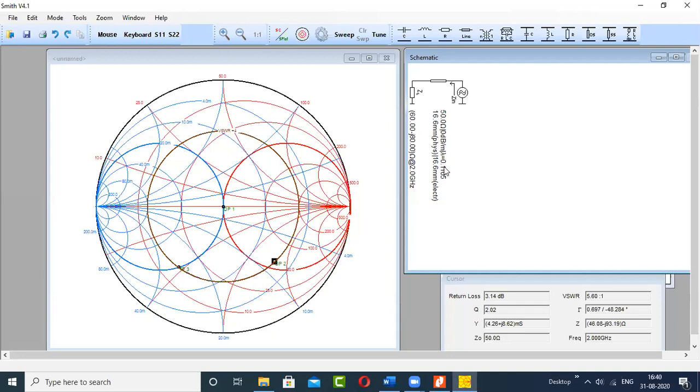If you are not interested in working in terms of lambda, and the frequency is given, find lambda and multiply this 0.11 with that lambda to get the physical length. Here the physical length is mentioned: 16.6 millimeter, so 1.6 centimeter.